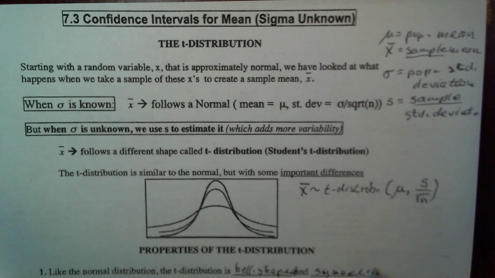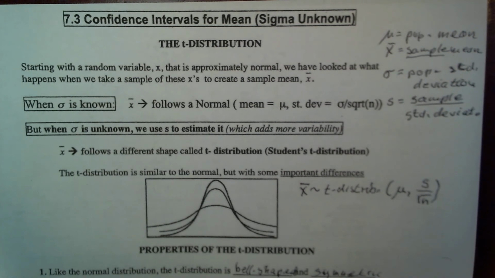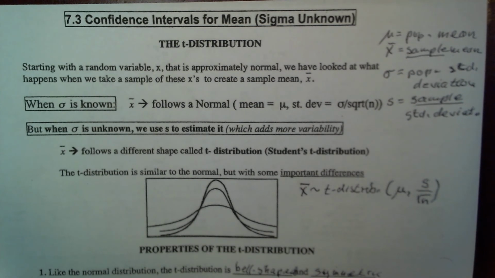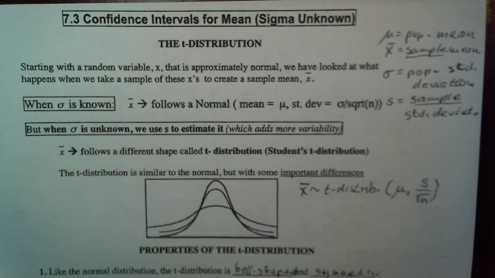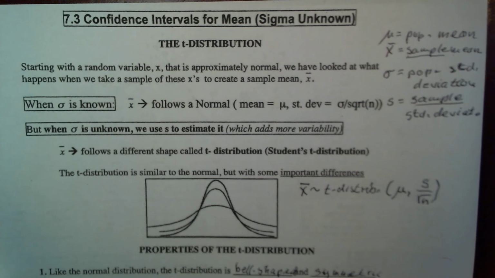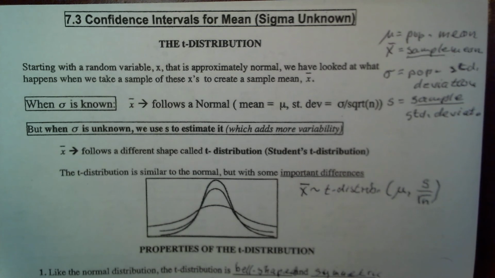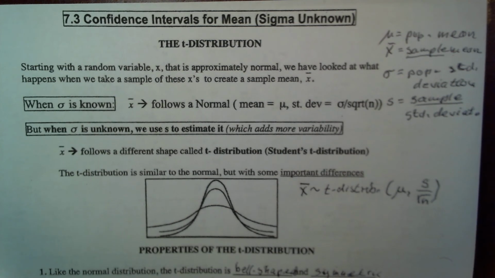The mean, mode, and median are still at 0, but the standard deviation is greater than 1. And the total area under the curve is still equal to 1, or 100%.